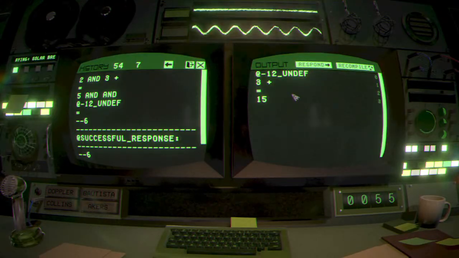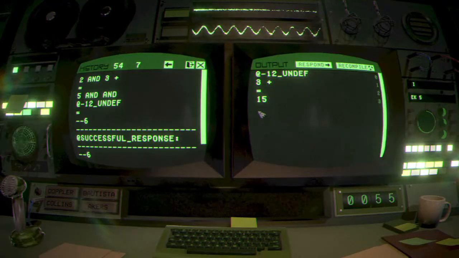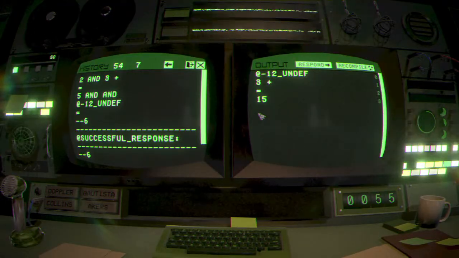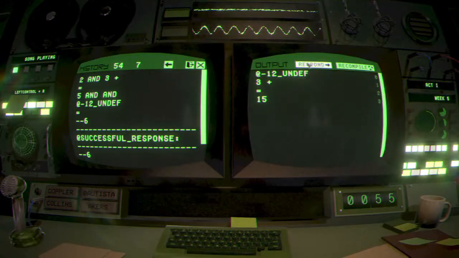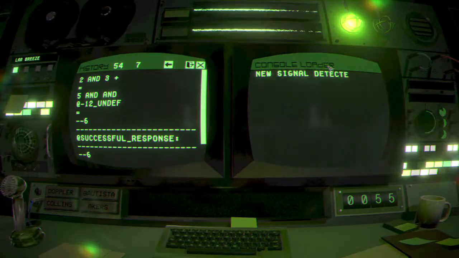Okay. Some number and 3 added together equals 15. Does that mean it's 12? Or am I looking at it wrong? It's 12.